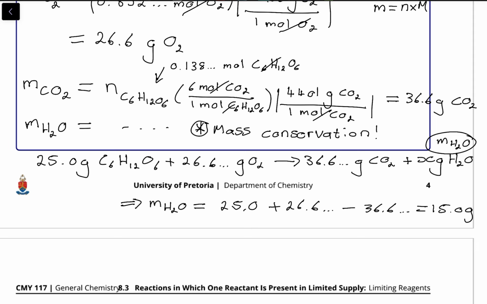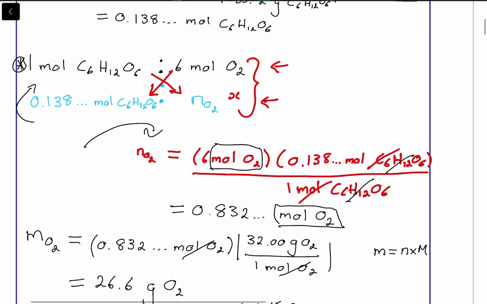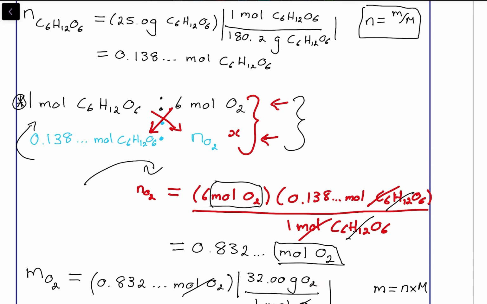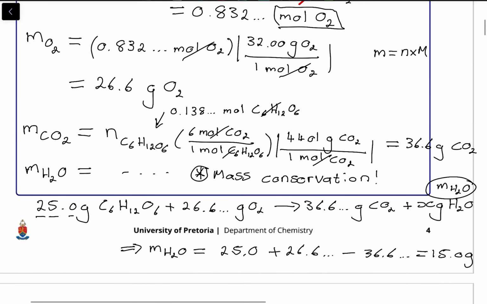Notice everything is to three significant figures because of the three significant figures given in the glucose mass initially. So this is a basic question just to introduce you to the concept and to remind you of how to use the dimensional analysis things. And also I wanted to remind you of this little idea here. I hope this helps.